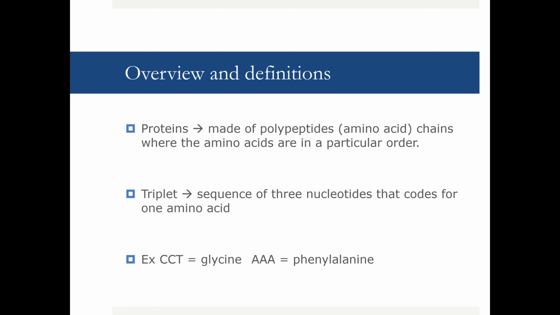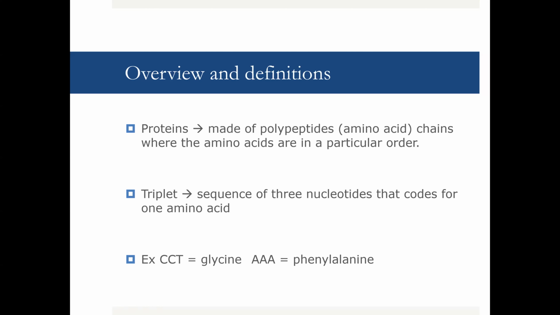You do need to know that a triplet is a sequence of 3 nucleotides, whether it be adenine, thymine, cytosine, or guanine, in whatever order is specific for that. And they have charts if you wanted to find out what it codes for. Sometimes there's more than one code for a specific amino acid, because there could be more than one combination of those 3 nucleotides that could code for the same amino acid.